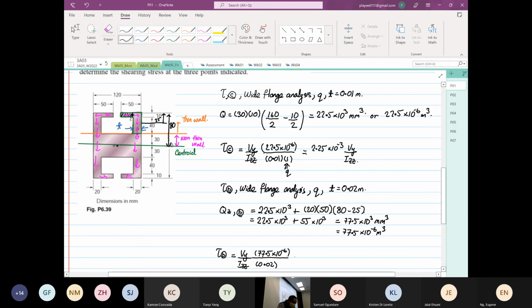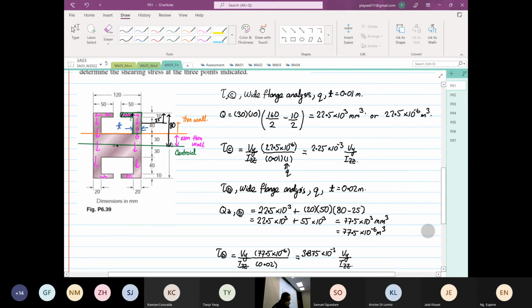So this will be equal to 77.5 times 10 to the power minus 6 divided by 0.02, which is 3.875 times 10 to the power minus 3, Vy over Izz.